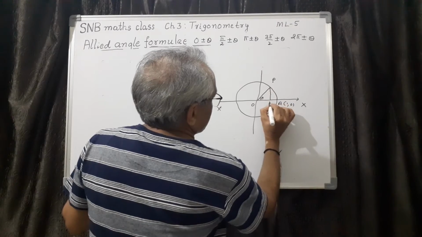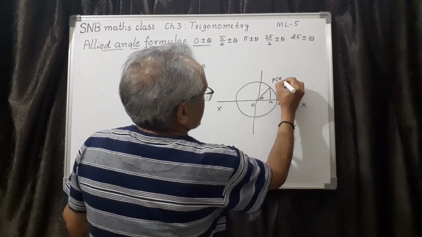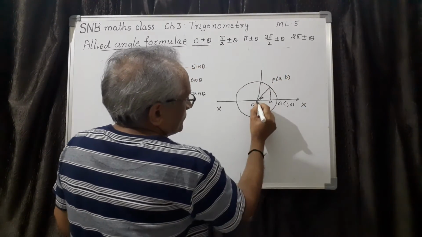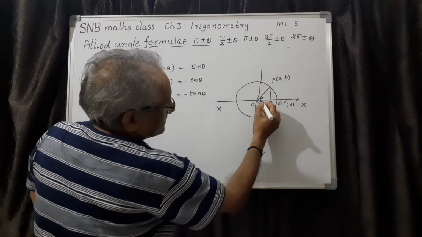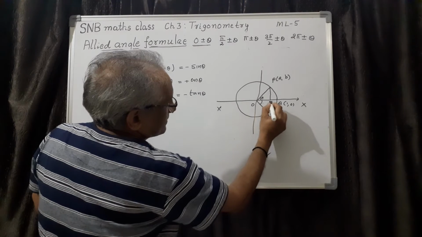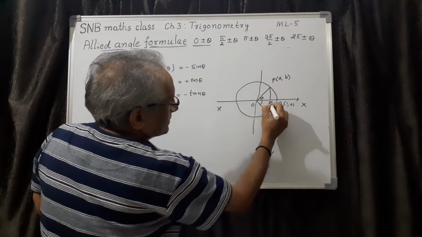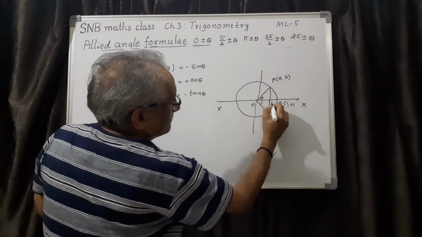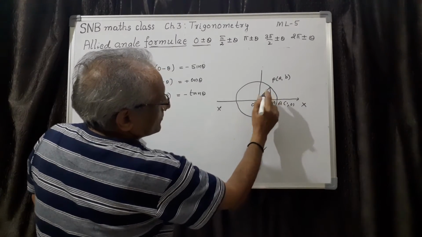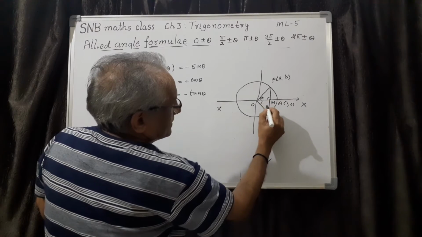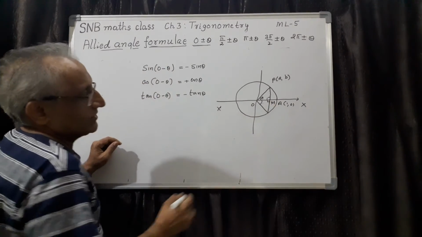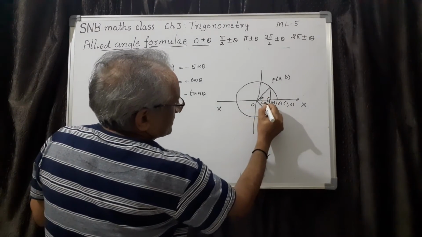This is M. Now you take minus theta, means where? It is here. This is minus theta. Draw the perpendicular here. Definitely it will be M only because these two are congruent triangles. So this is also 90, this is also 90. Only difference is this is theta, this is minus theta.